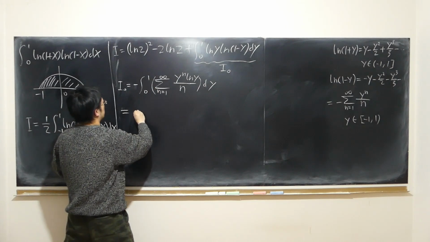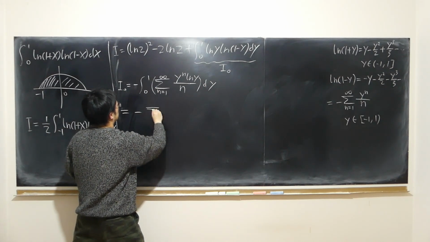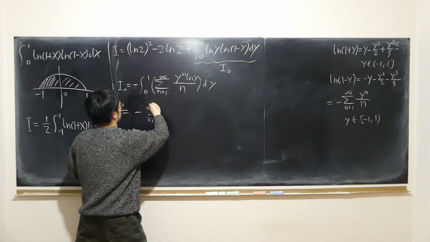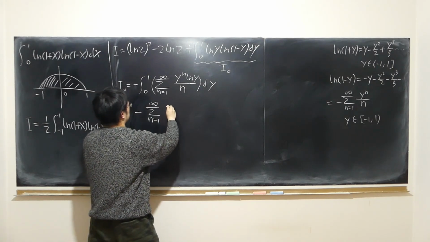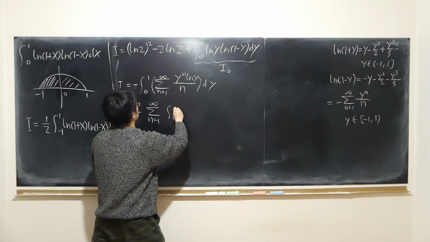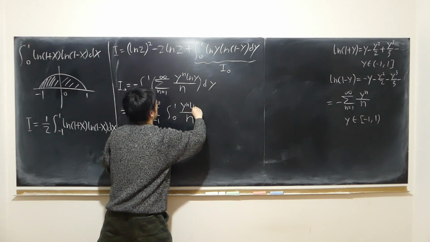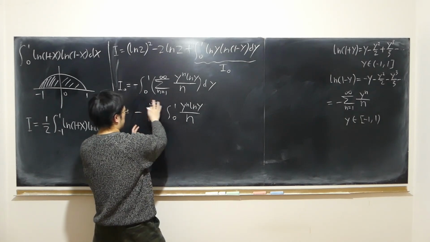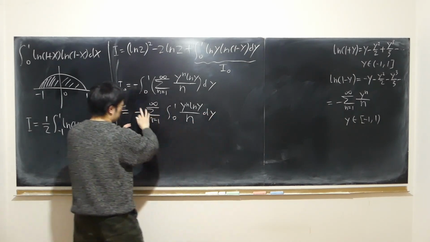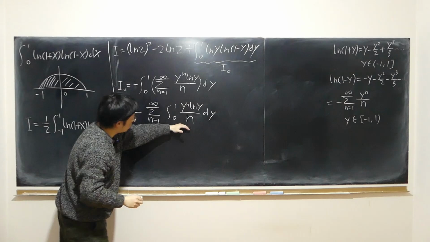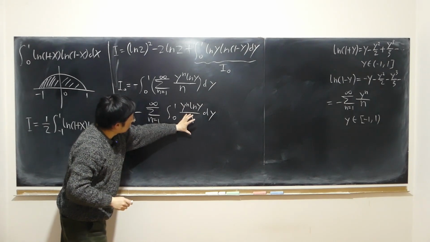I switch the order. Negative, outside. First, let's do integration of y to the n times log y. Then we do the infinite sum. Integration is simple, standard integration by parts.